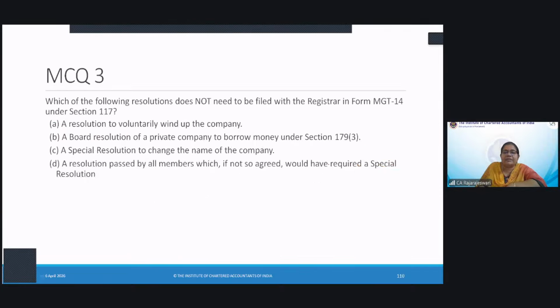Right? We shall move to the next thing. Which of the following resolutions does not need to be filed with the registrar in Form MGT 14 under Section 170?